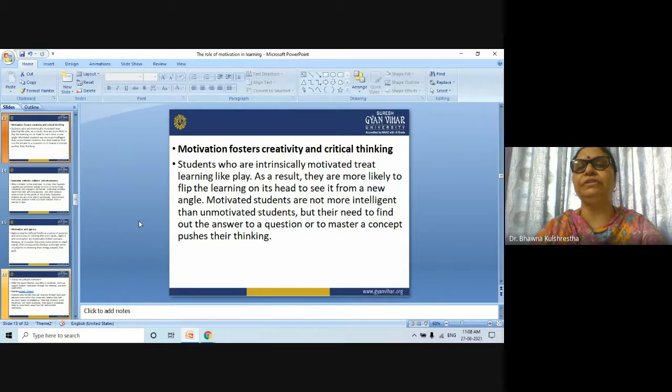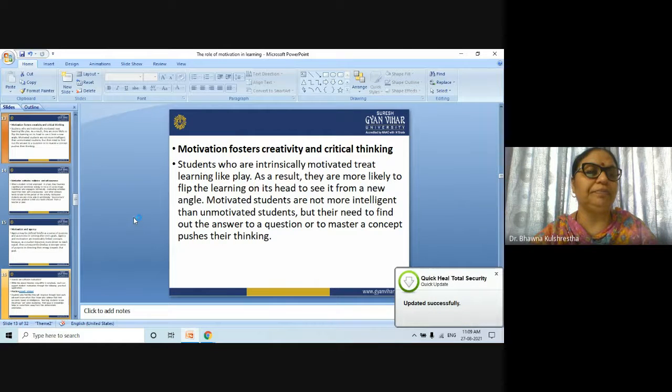And therefore, motivated students, by virtue of thinking longer and harder and enjoying the challenge of being confused, will ask deeper, more thought-provoking questions. Motivated students are more able to adapt learned content to new situations because they tend to reflect on underlying causes or frameworks.